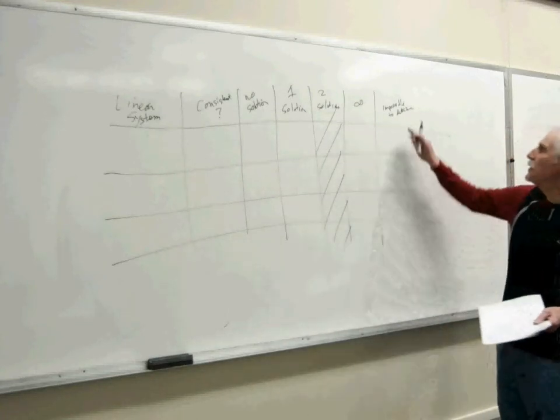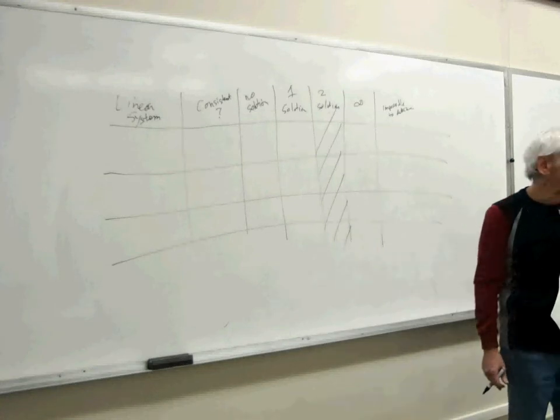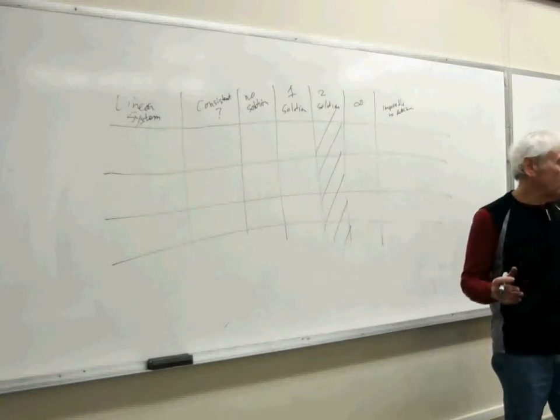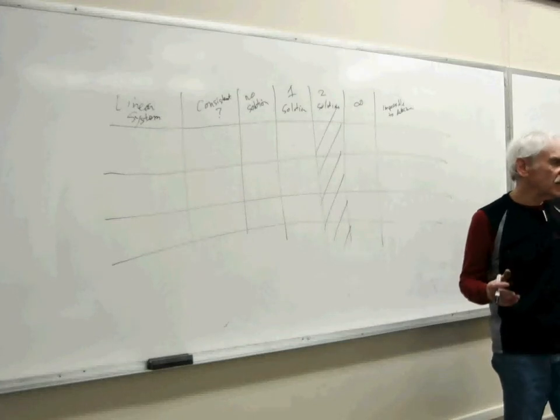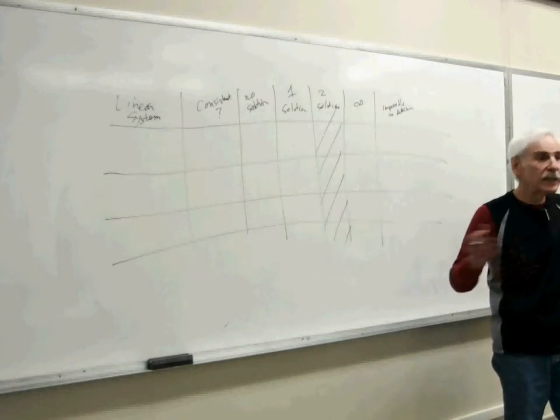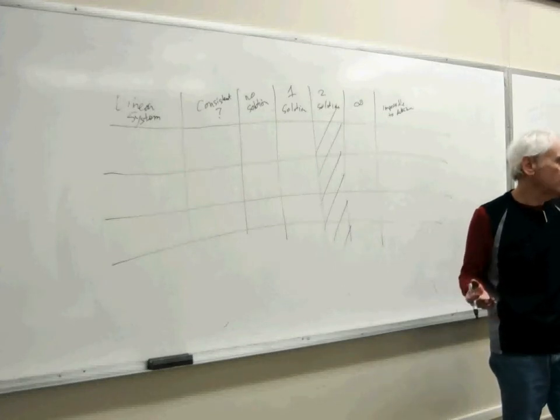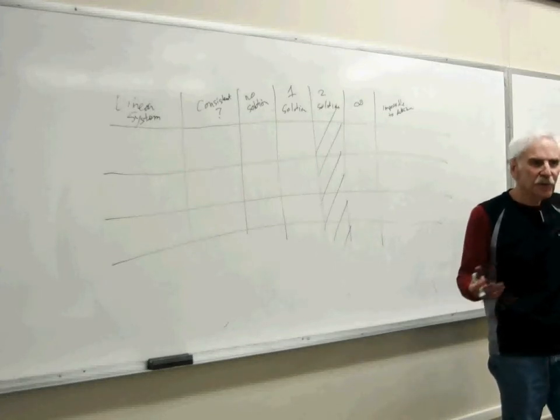Okay, what about this? Impossible to determine the number of solutions. Was there ever a point since the semester began that I said, oh, you can't tell how many solutions? You can't determine it. Did I ever say that? I mean, did the book ever say that?